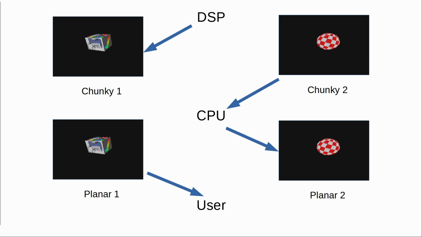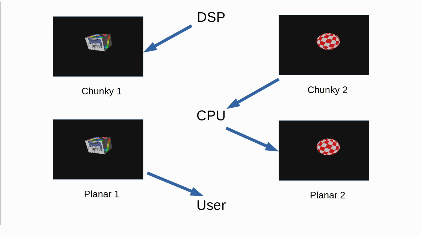Once all of that is completed, so the DSP has completed rendering into the chunky 1 frame, and the CPU has completed the chunky to planar conversion on the two screens on the right hand side, everything swaps over.